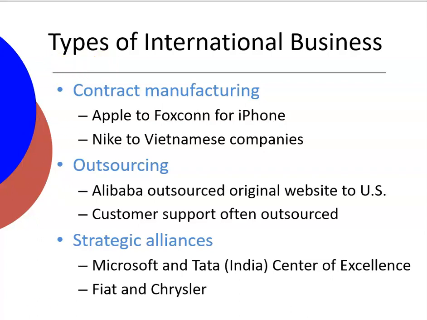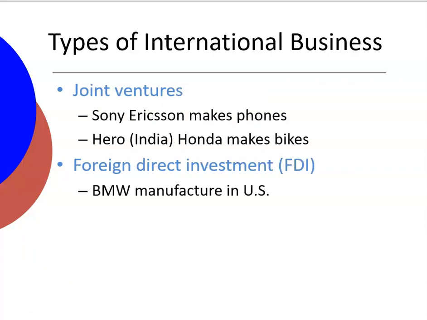Another way to do international business is to do alliances. So Fiat and Chrysler work together, Microsoft and Tata. A lot of companies join together so that they have an international presence. You can create joint ventures. This is where two companies come together to make a particular product. So you make a third company where the two companies invest in that company.